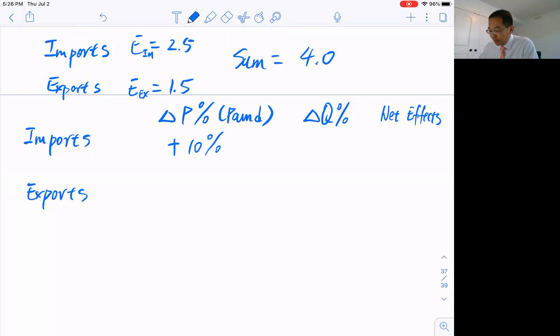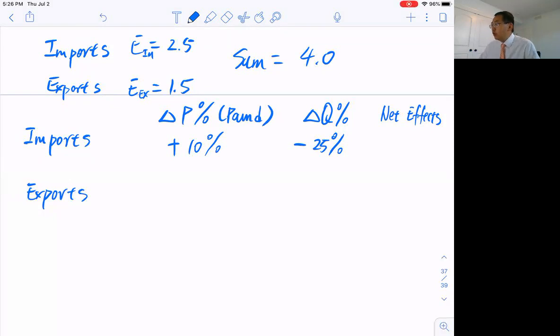So now, because of the elasticity, a higher price of 10% than before will actually cause a negative 25% in quantity imported, right? Because the price went up by 10%, measured in pounds, and the elasticity 2.5, so that means folks will buy 25% less of imports from other countries.